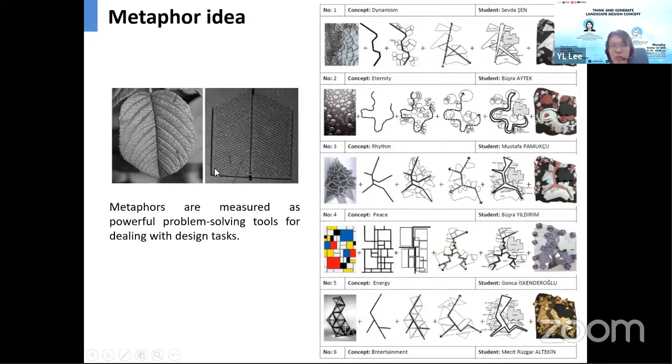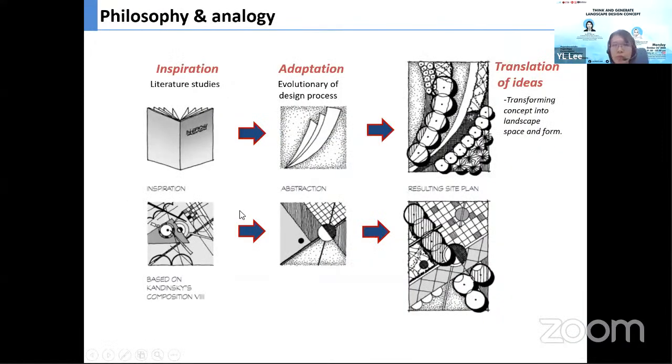That is very straightforward. You will translate everything: the vein of the leaf, the size, the colors, on the plan. But when it comes to philosophy and analogy, maybe you add some of your philosophy idea and analogy, to develop it more in depth.